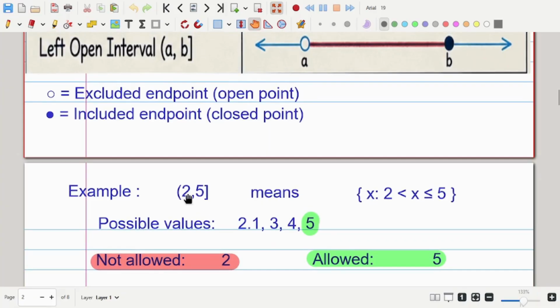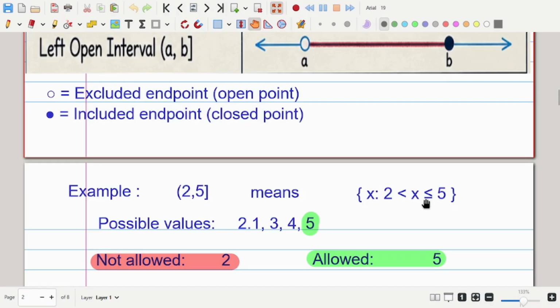For example, left open interval of 2, 5. Left open, O is round, so we use a round bracket on the left side and a square bracket on the right side. Write it as the set of all x such that x is greater than 2 and less than or equal to 5.